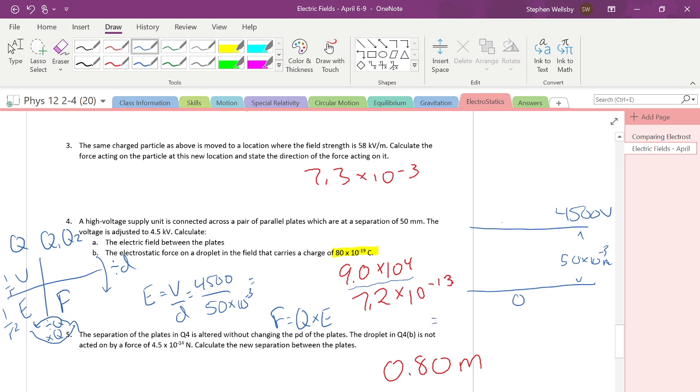So in this case here, it will be 80 times 10 to the negative 19 multiplied by 9 times 10 to the 4, and that's going to give us this value here, 7.2 times 10 to the minus 13. Good deal?